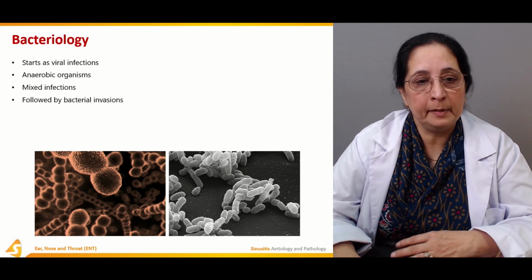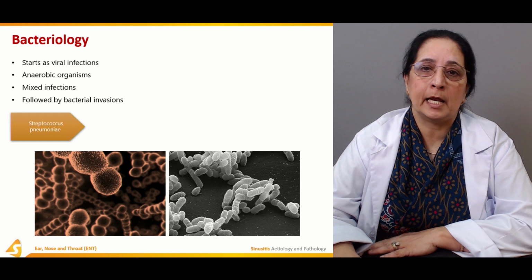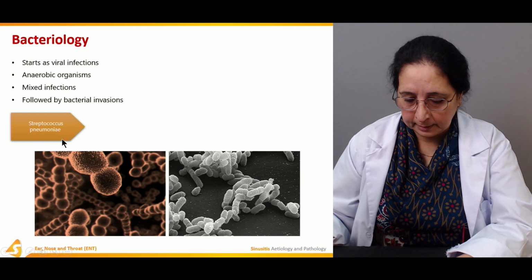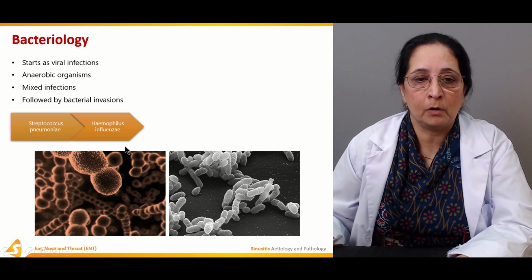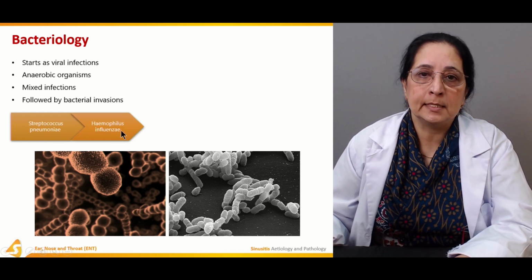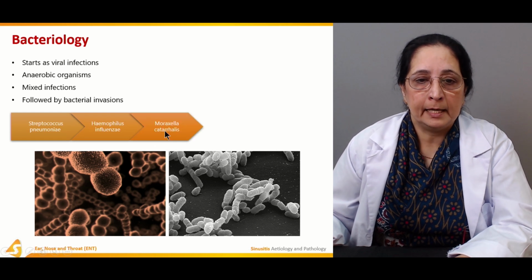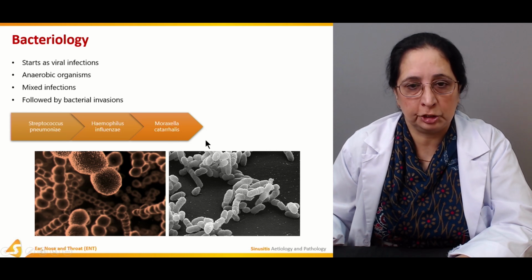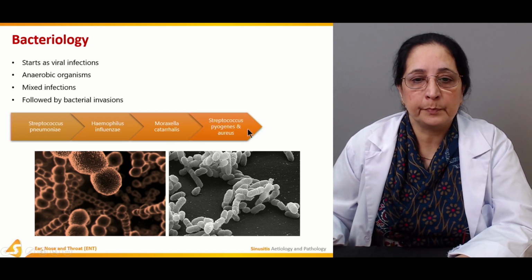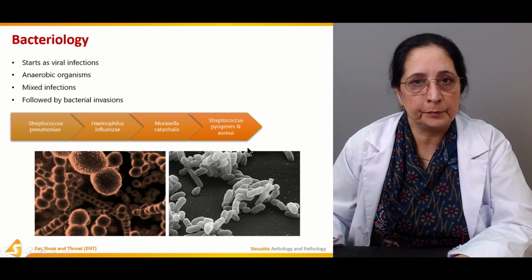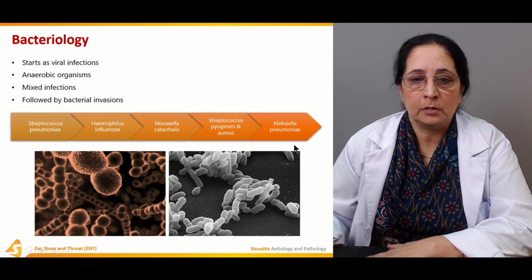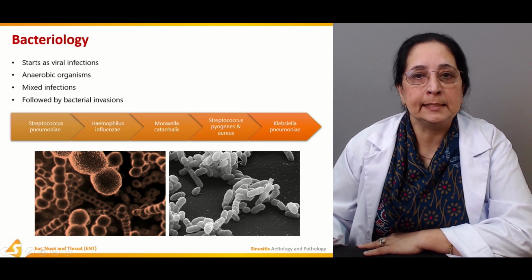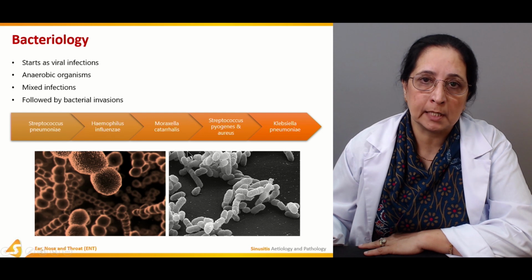The most common bacteria that can cause sinusitis is Streptococcus pneumoniae. Then Haemophilus influenzae, then Moraxella catarrhalis also cause infection. Streptococcus pyogenes and Staphylococcus aureus, and also Klebsiella pneumoniae. So all these are different bacteria that can cause sinusitis.